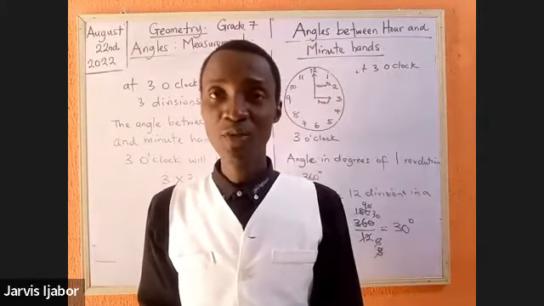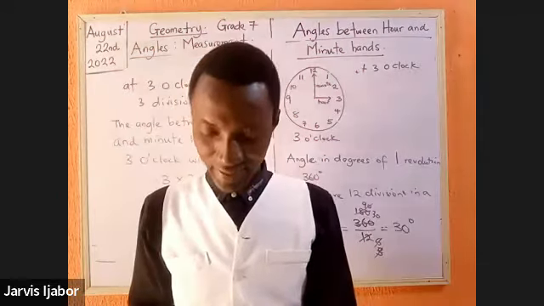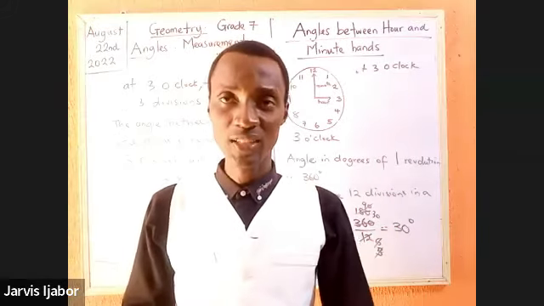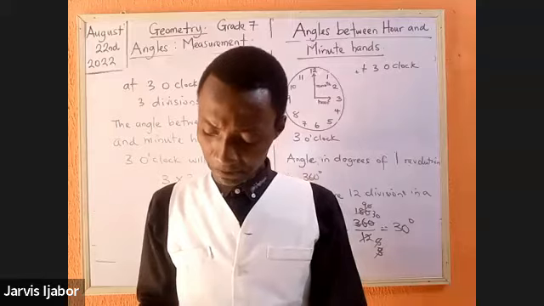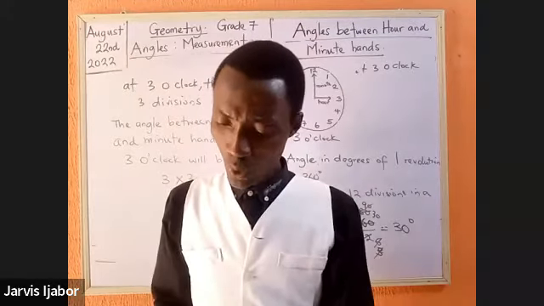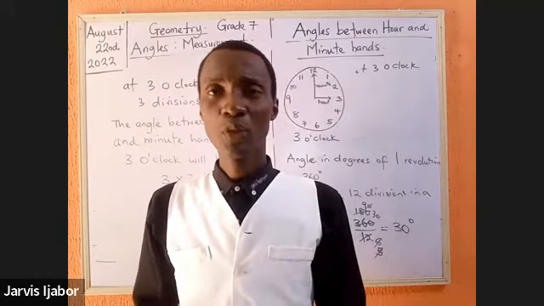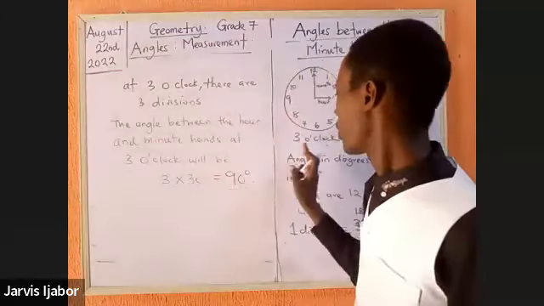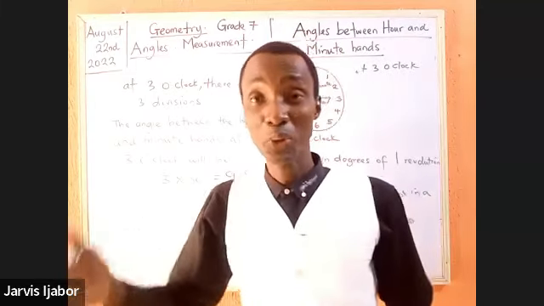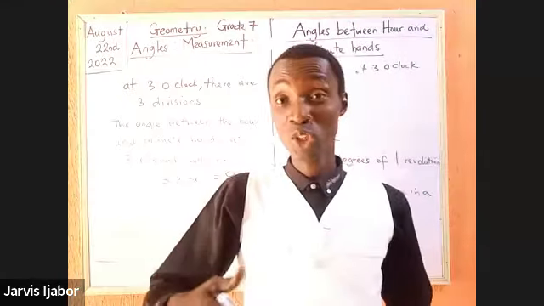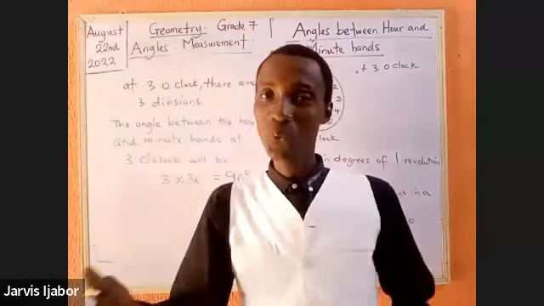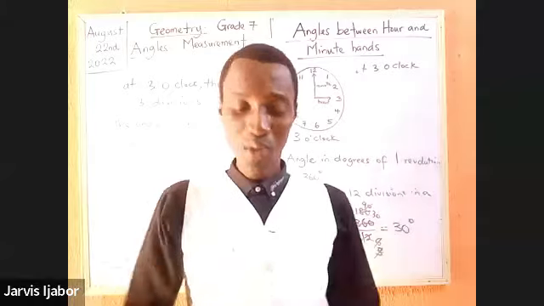It's on page 57 of your text, exercise 8A, the New General Mathematics for JS1, and then just do question 2 for me. Notice that I have focused on when it is a full-hour measure, 1 o'clock, 2 o'clock, 3 o'clock. I'll also try to teach you when it's quarter past, half past, quarter to. There's a way you handle those too.